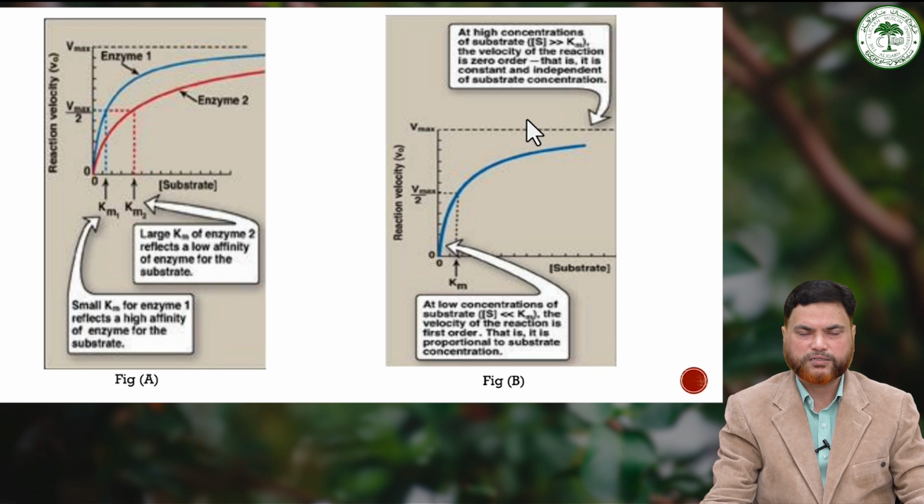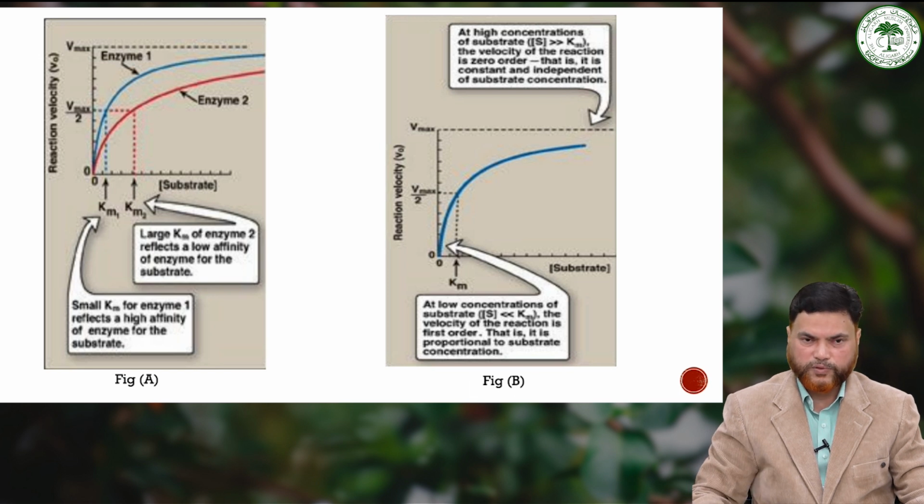This is known as zero order kinetics. This indicates enzyme saturation with substrate. So one is zero order kinetics and one is first order kinetics, and this could be revealed by the Michaelis-Menten equation.